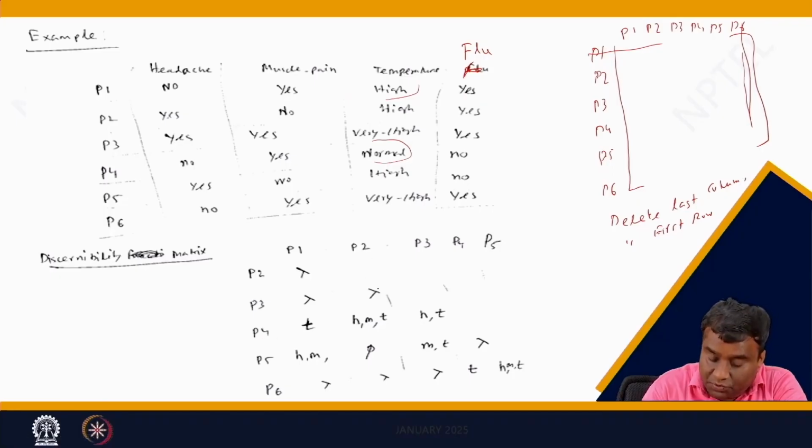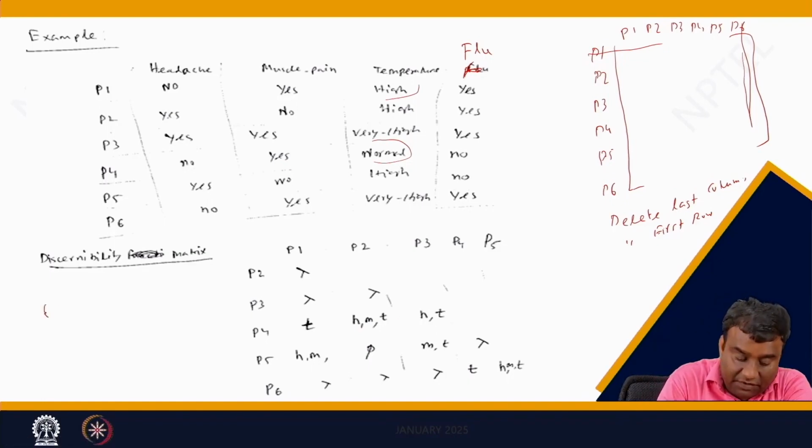Now P4 with P2, as you have seen the decision is not same, so here headache is different, so H, then muscle pain is also different, temperature is also different, so we write HMT.